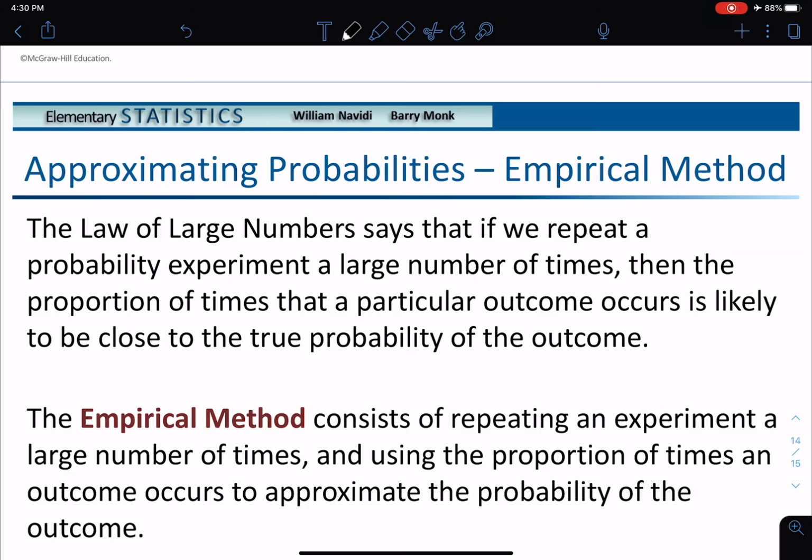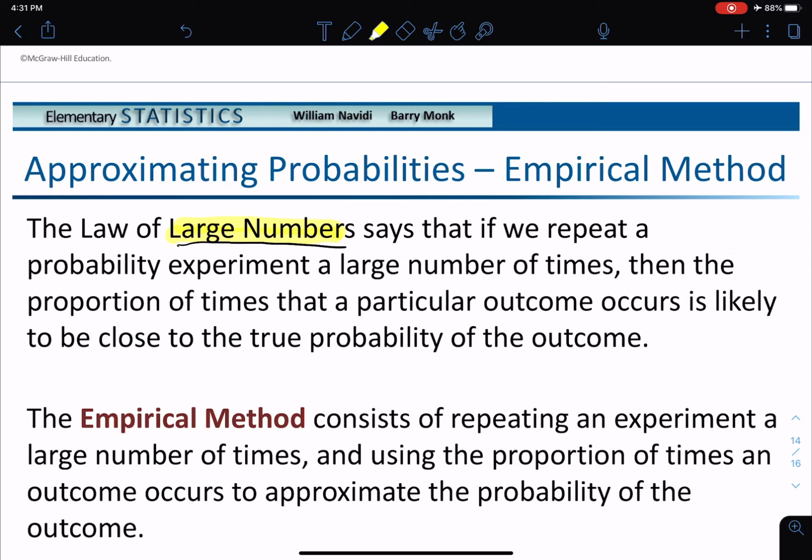So another way to say that is if you have experimental probability and you run the experiment many, many times, right? Then we say that the experimental probability will get closer and closer and closer to the theoretical probability the higher the number of trials you go. So the law of large numbers.